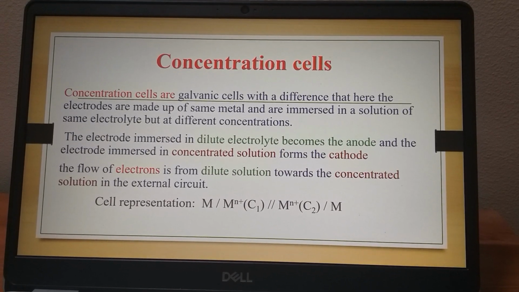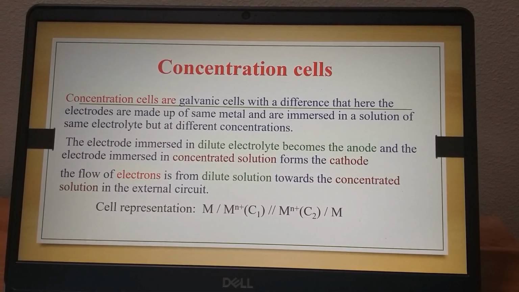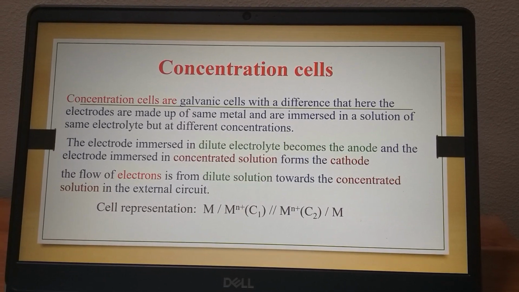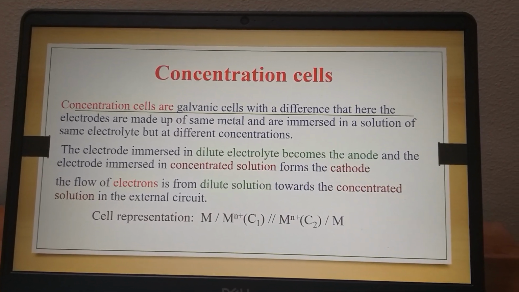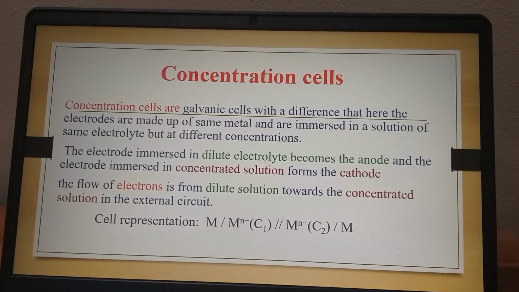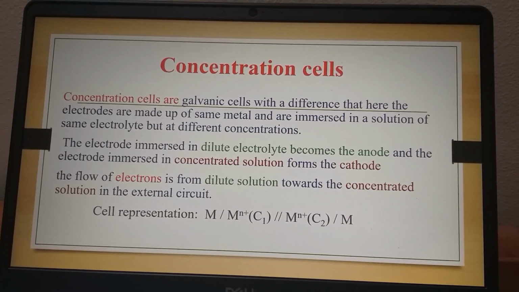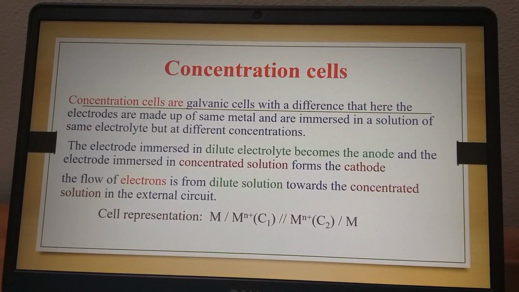The cell representation is given as: metal, metal ions with the concentration written, salt bridge with the help of two perpendicular lines, metal ions and their concentration written, and then the metal electrode.